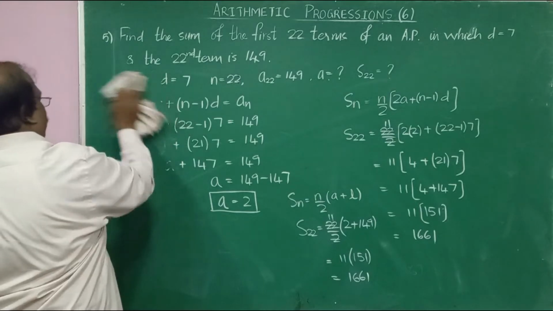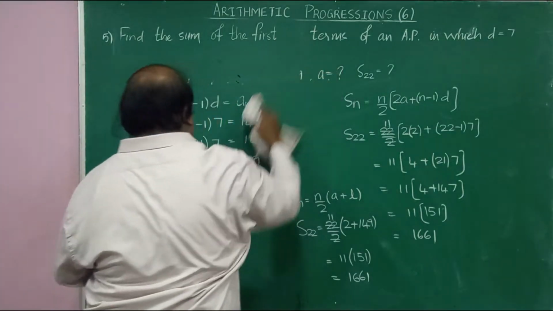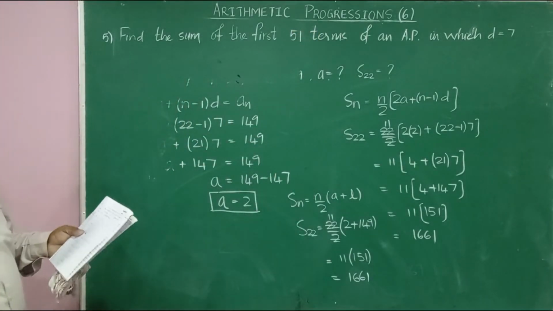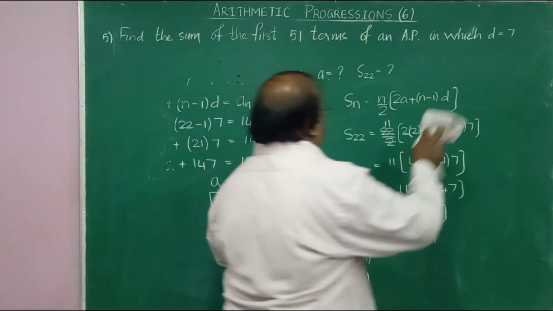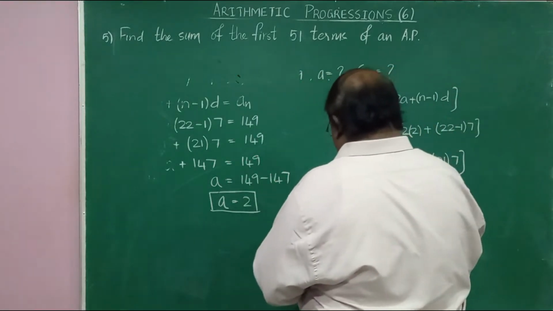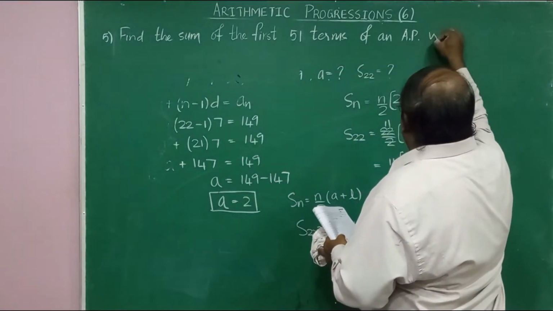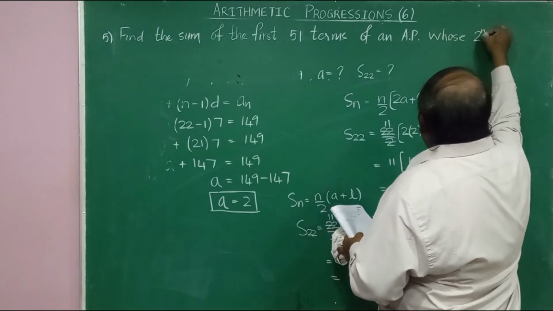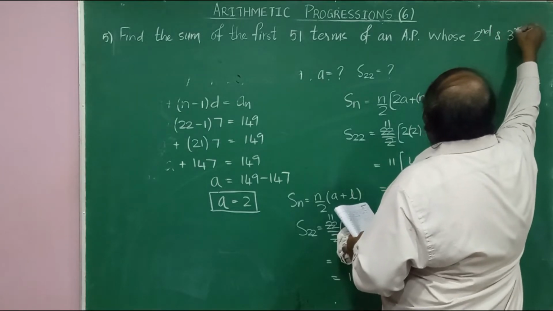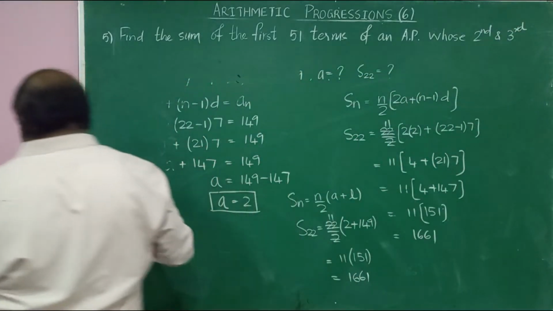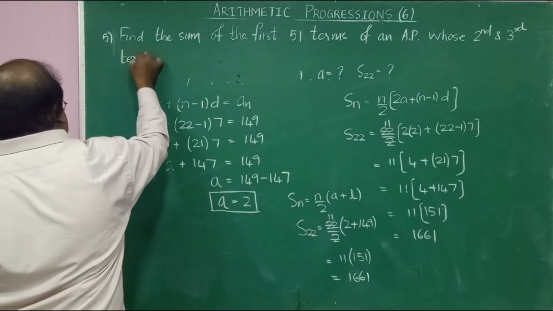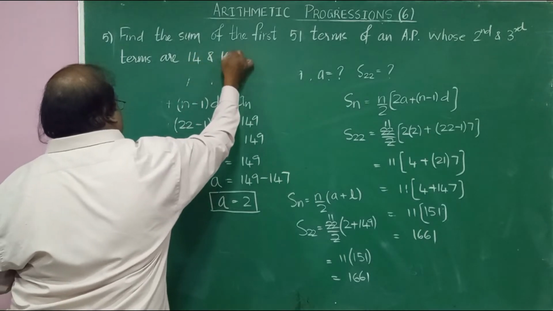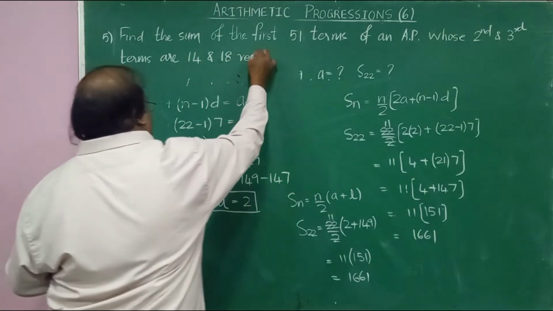Find the sum of the first 51 terms of an arithmetic progression whose second and third terms are 14 and 18 respectively.